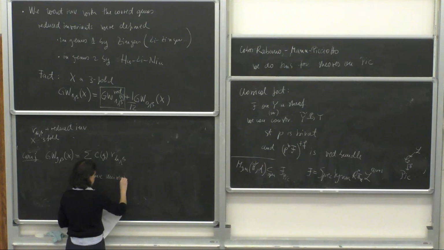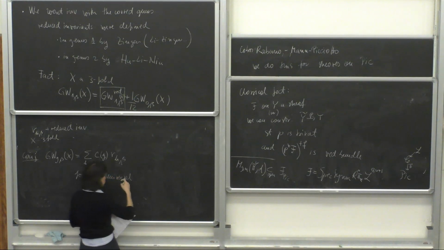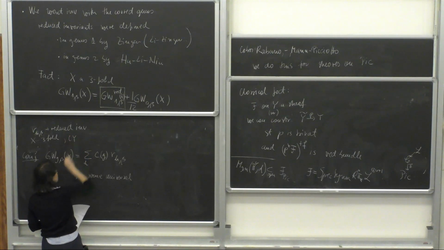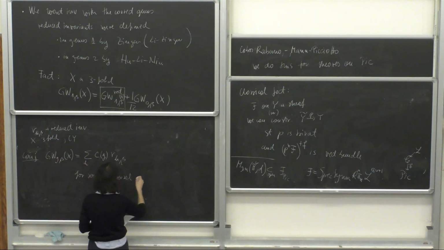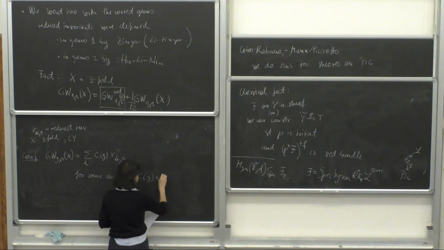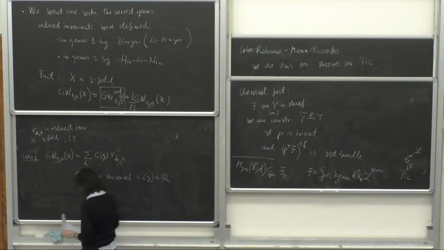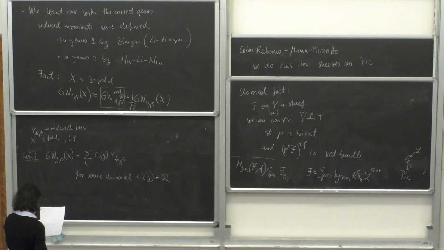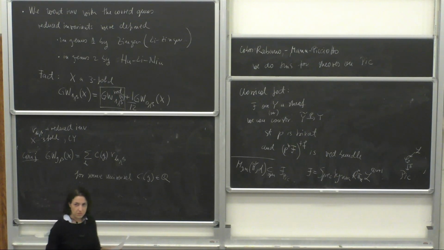universal constants. So this means that it doesn't depend on the, maybe also Calabi-Yau, yeah. It does not depend on the Calabi-Yau threefold constants C_G. I think it doesn't, but maybe I need to check.